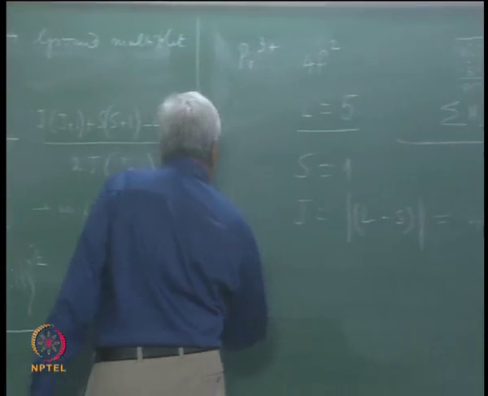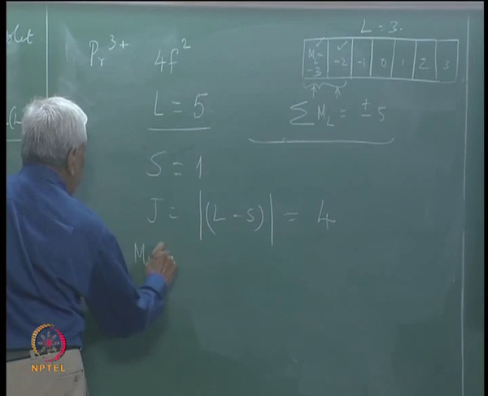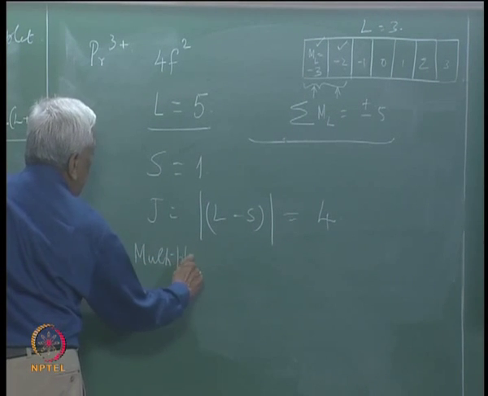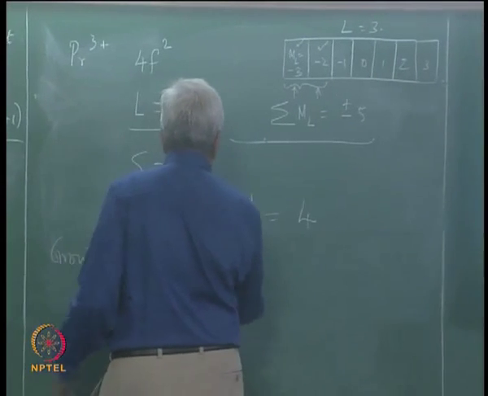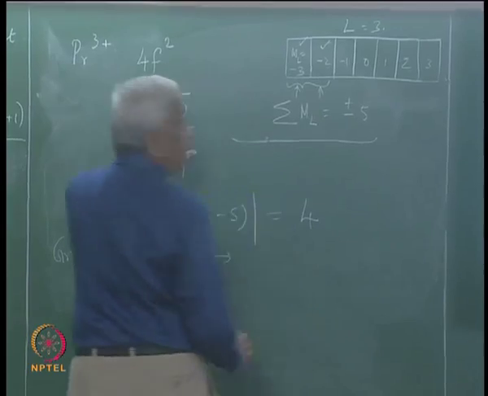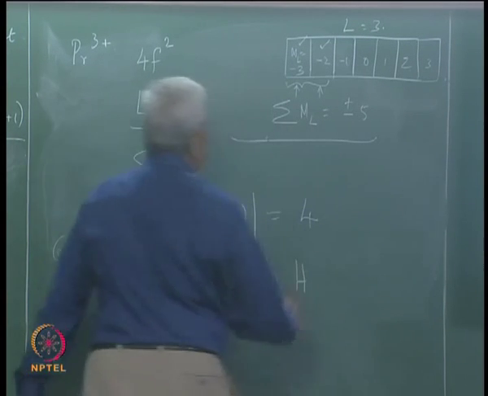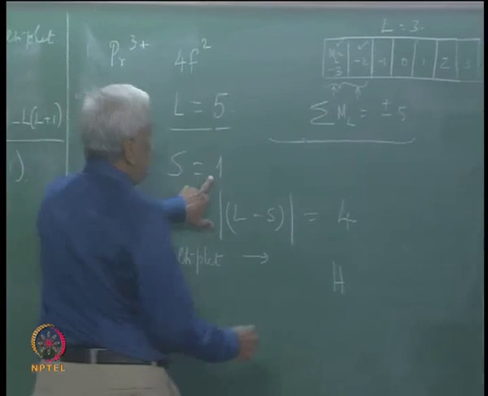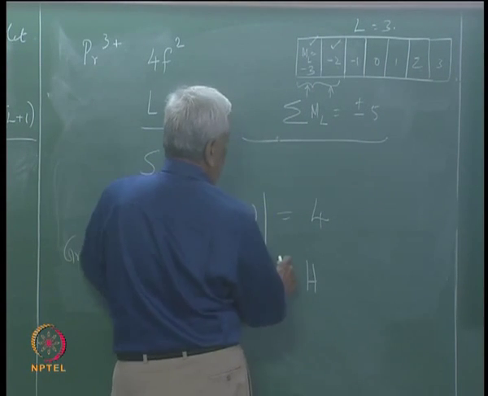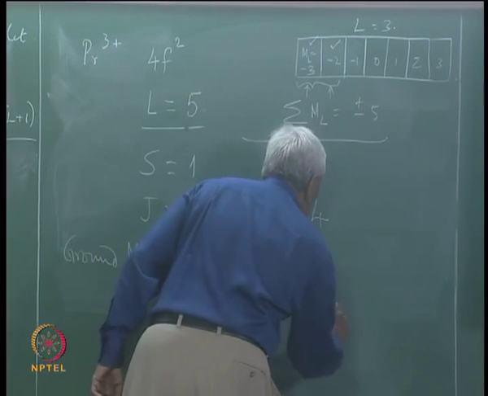So, the ground multiplet in the case of the praseodymium 3 plus ion has the L value 5, which means it is an H term, and the spin multiplicity is 2s plus 1 for s equal to 1, which is 3, and the J value is 4.